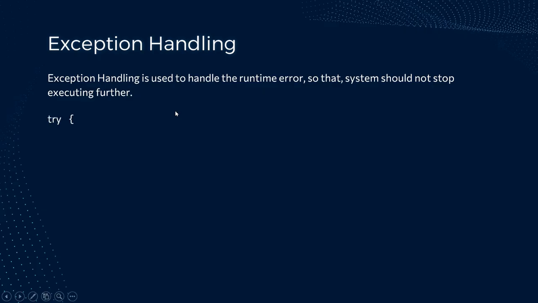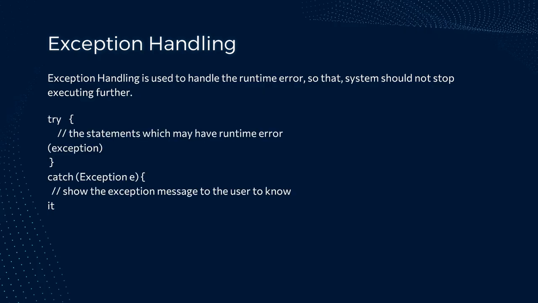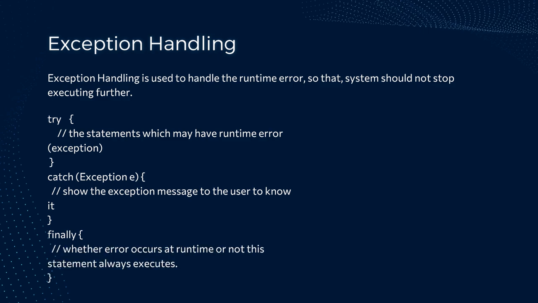There are three things that we should know in exception handling: one is the try block, another is the catch block, and we have the finally block. These are the three blocks through which we can handle exceptions. In the try block, you put the statements which may have a runtime error.